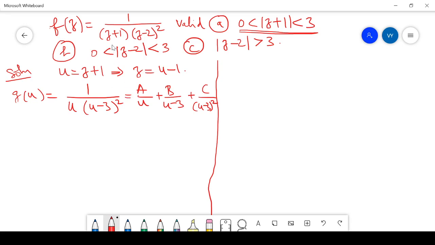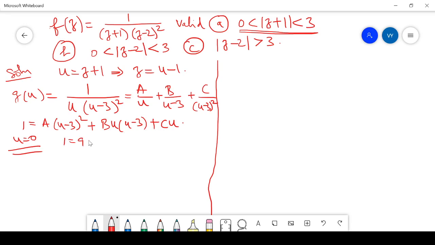So in this case z plus 1 is u, and z minus 2 will be u minus 3. So this will be a into (u minus 3) the whole square plus bu into (u minus 3) plus cu. When I take u is equal to 0, the second and third terms on the right hand side become 0.